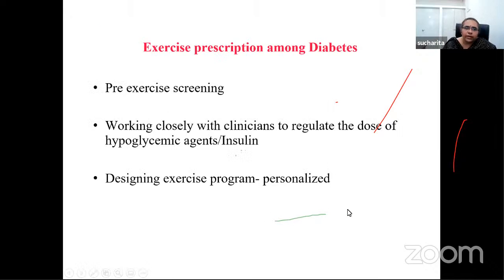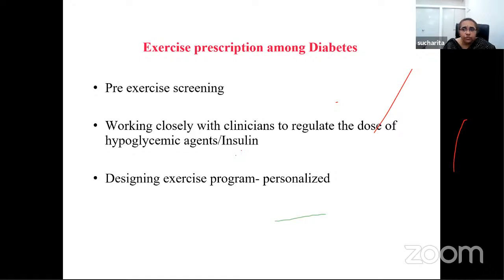So, what is required? Generally, we don't think of exercise as a prescription. We generally recommend that they do some form of exercise, but we never specify what kind of exercise they have to do and for how long, though it is told to maintain certain steps or half an hour of simple walking.